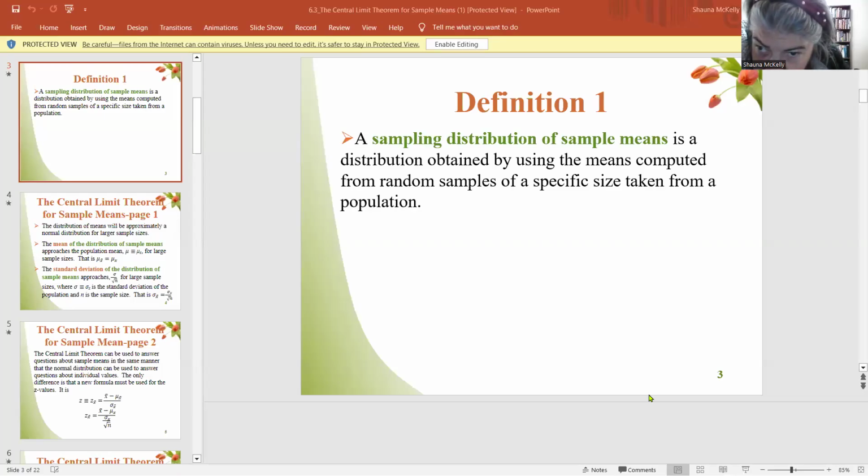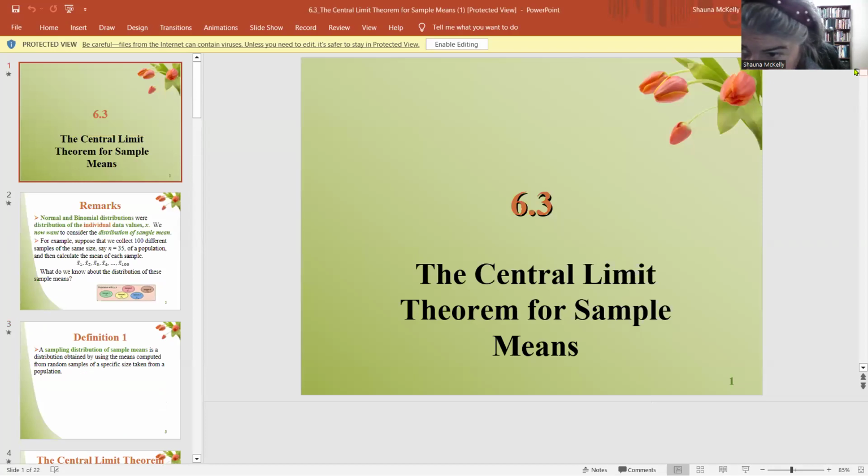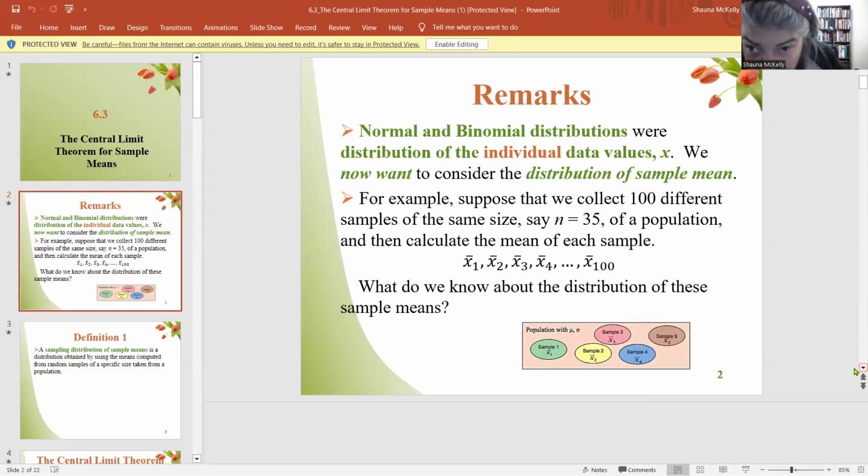So what happens is that in the sections before this, we were talking about samples that come from populations. Remember that a sample is representative of a population. And with a normal and a binomial distribution, we were talking about individual data: one person's IQ, one CEO's age, one child's weight.